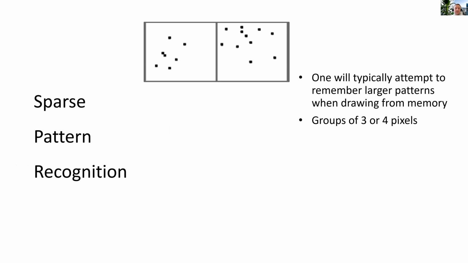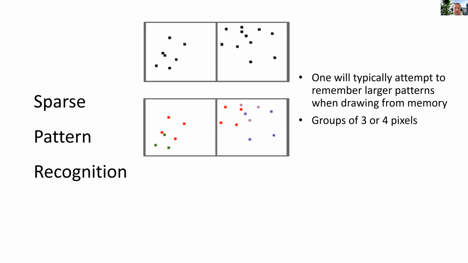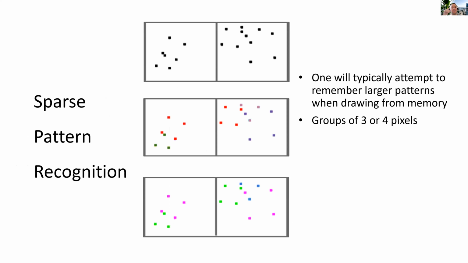What you would do is some form of sparse pattern recognition, where instead of trying to remember every pixel, you would try to remember shapes and patterns and then sets of patterns. So you would remember that perhaps there's a square here and a triangle here, and you would piece them together by how close the square and the triangle are, rather than memorize all 7 pixels on the left and however many pixels there are on the right.